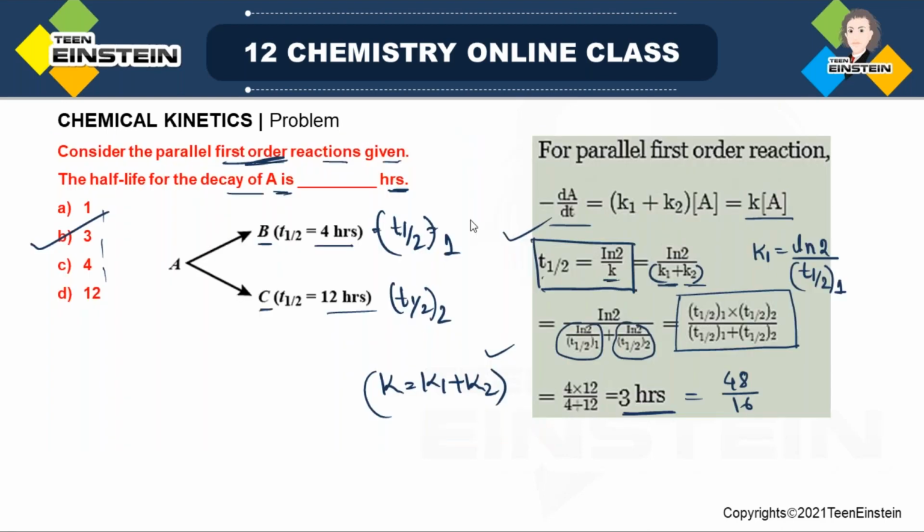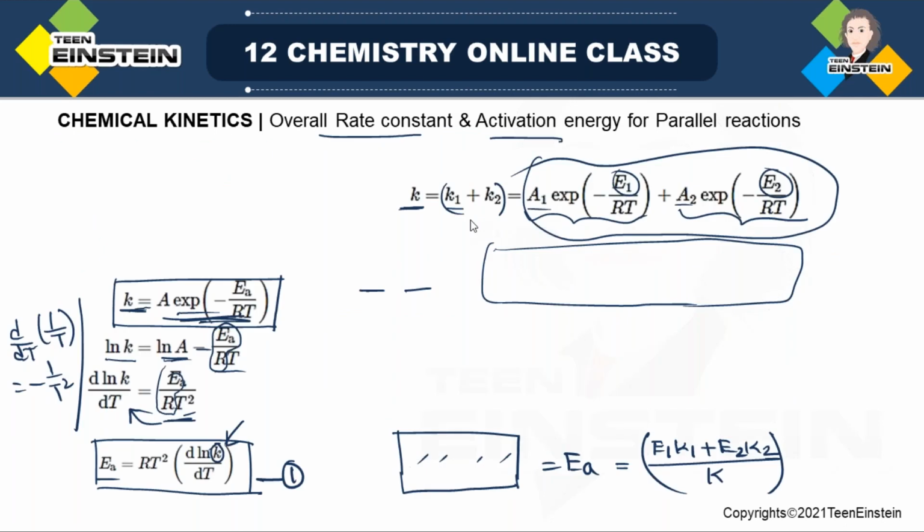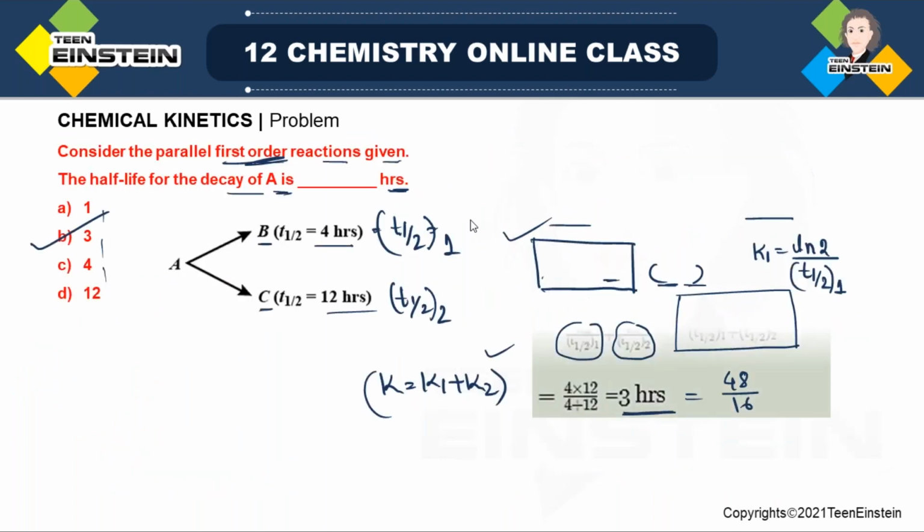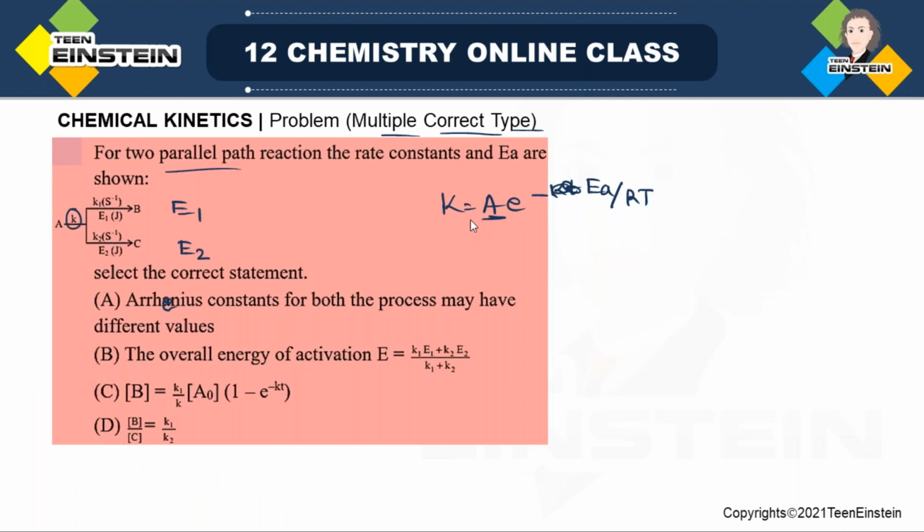Just see in the previous expression, for path 1 the pre-exponential term is A1, and for path 2 it is A2. It is not necessary that they have to be the same, because they are different paths. So the pre-exponential factor may be different, may or may not be. So this is true actually.